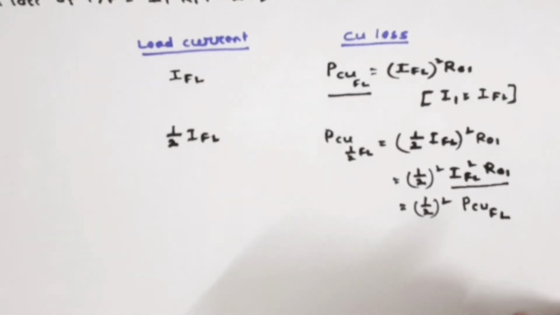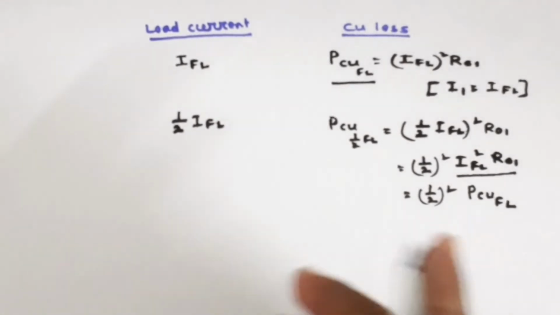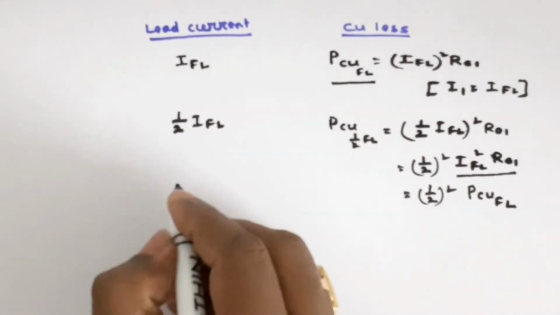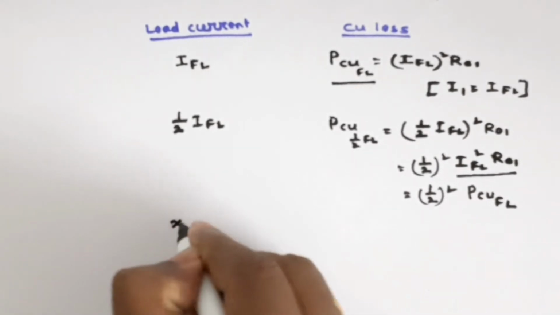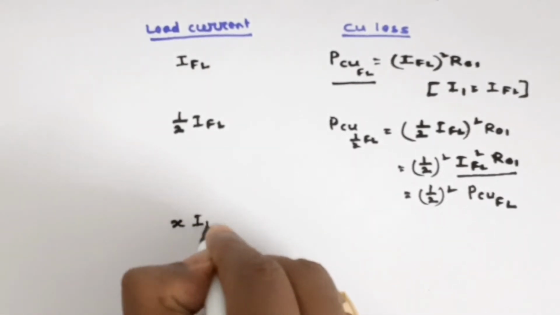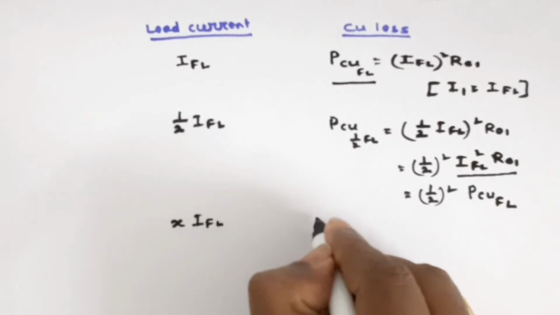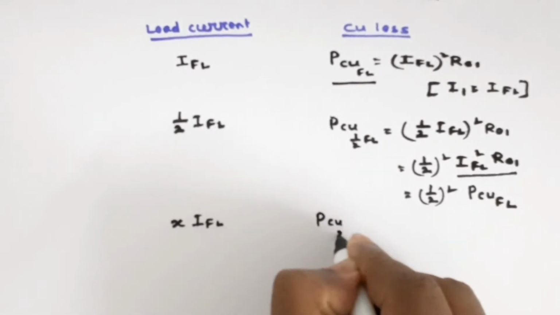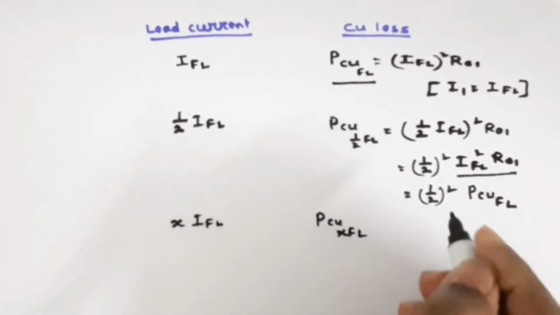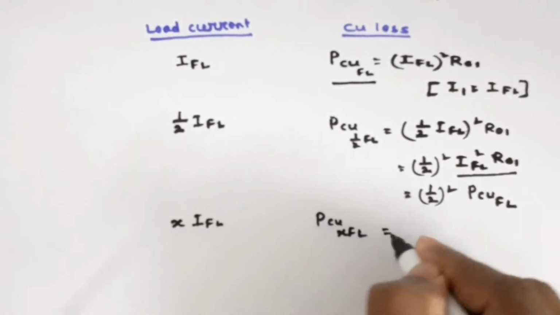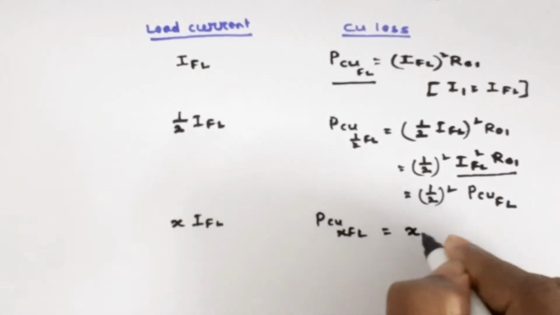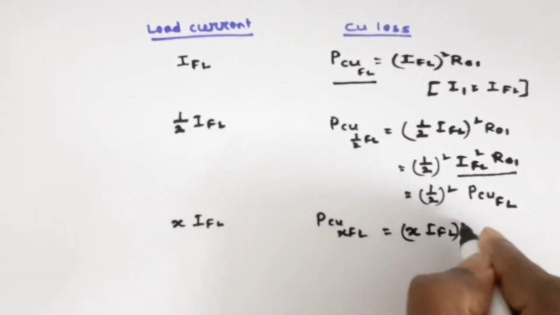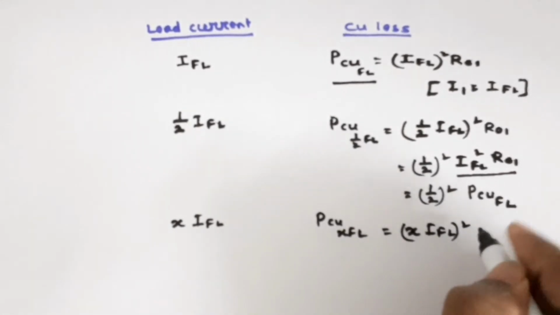Again, when the load current is X of full load, then the copper loss at X of full load will be given by (X into I of full load) square into R01.